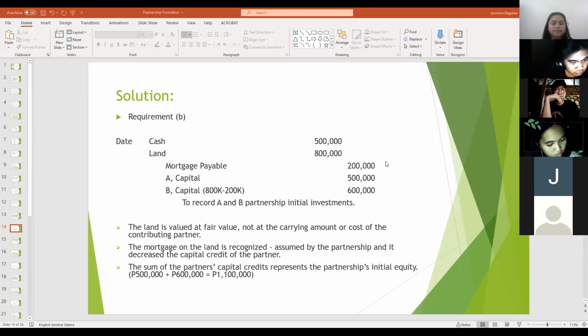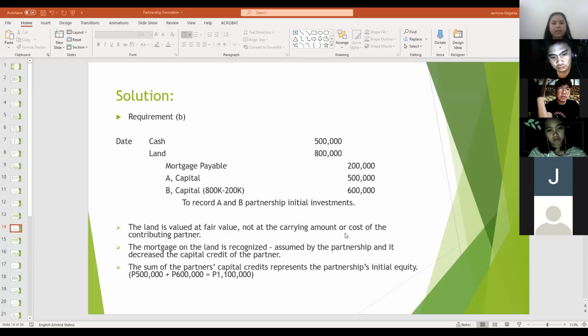Yan. So, yung sinasabi sa number 3, 500,000 and 600,000 is the equity portion of your balance sheet. 200,000 is the liability portion of your balance sheet. And the total assets and liabilities and equity, 1,300,000.